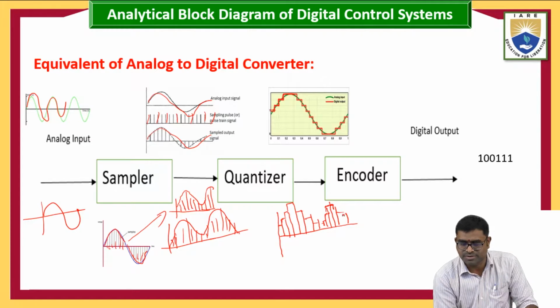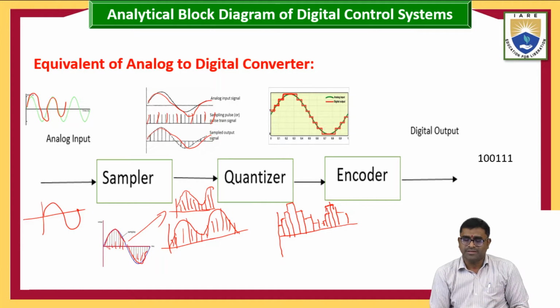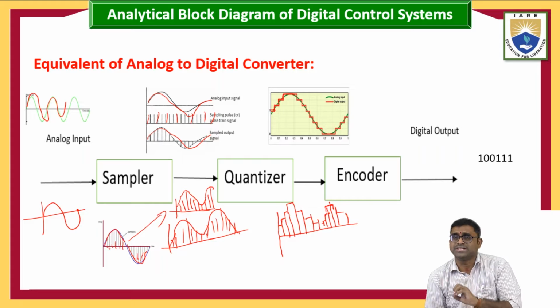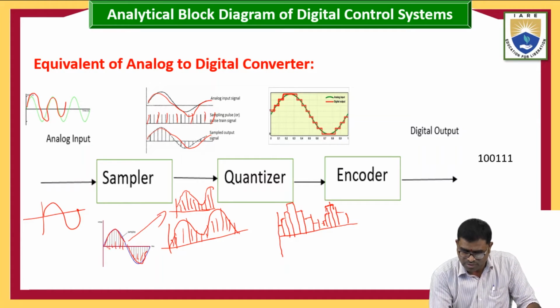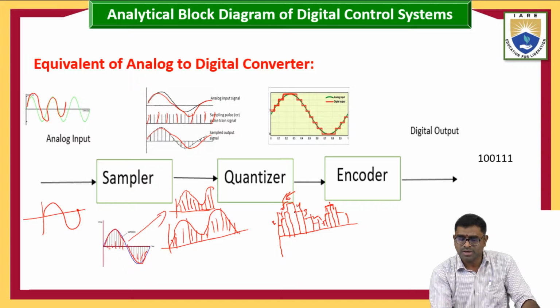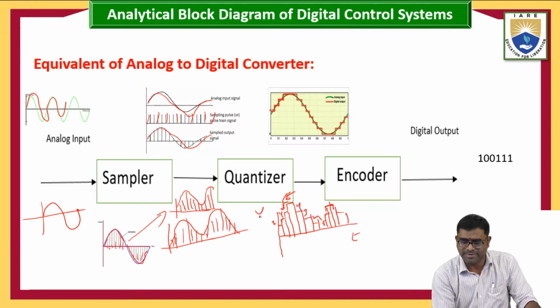So this is your quantizer. That is, the sampled signals are converted into fixed voltage levels. For example, if you take 3 volts, 4 volts, 5 volts, 6 volts, like this. Sorry, it is 5 volts, 4 volts, 3 volts, 2 volts, 1 volt, like this. So on one axis it is time, on the other it is voltage level.